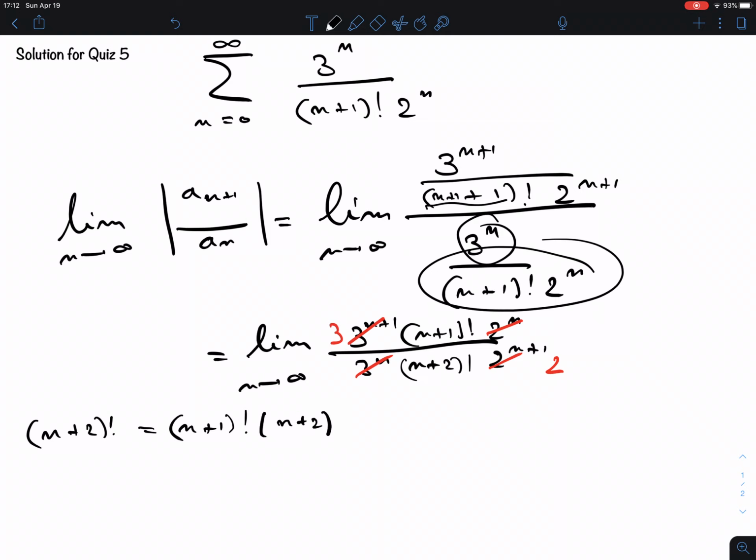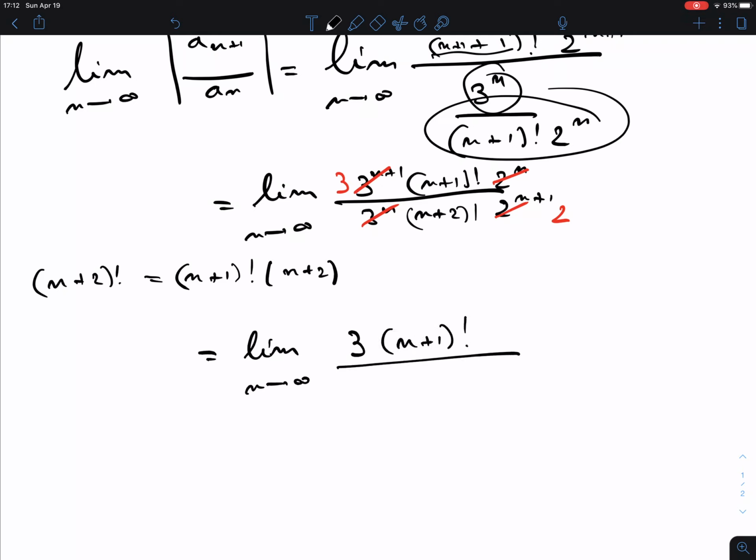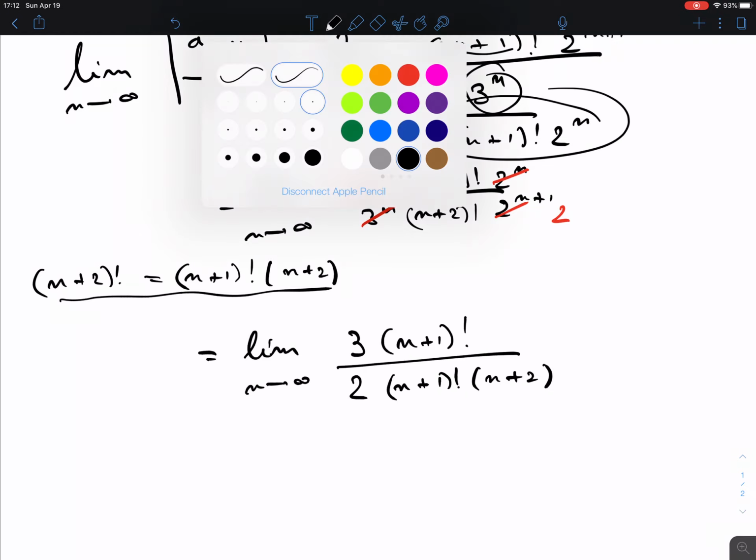And that's it. Okay? So, what we have, the limit for n going to infinity, we have a 3. The n plus 1 factorial, that's the smaller one, so we're going to keep that one. Then in the bottom we have a 2, I'm going to write it in front, and we have also n plus 1 factorial times n plus 2. That's using this here.